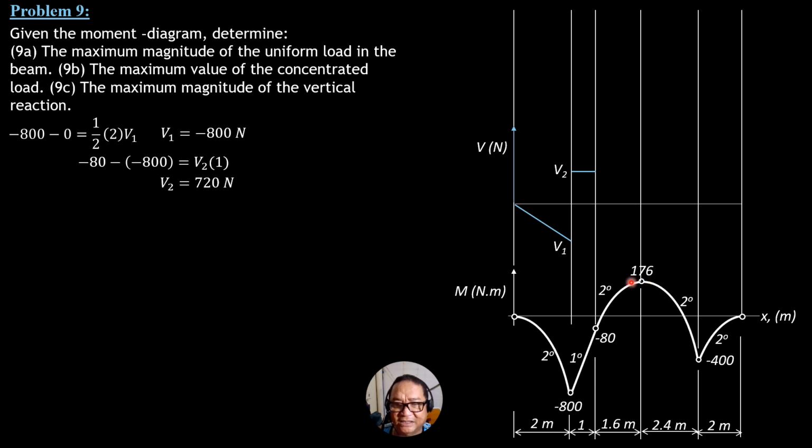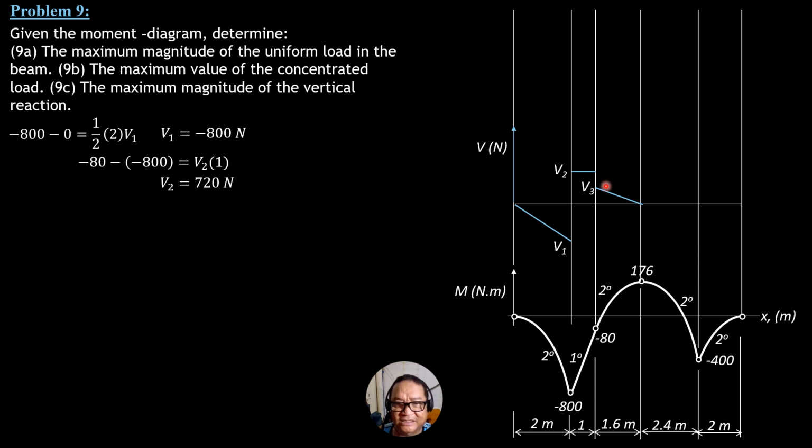So since the tangent is horizontal, zero slope, this should be 0. And the shear, because 176 minus negative 80 is 256, it is 1/2 of V3 times 1.6 equals change in moment, 176 minus negative 80.